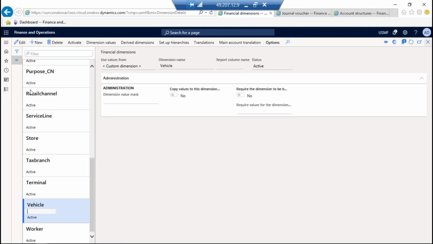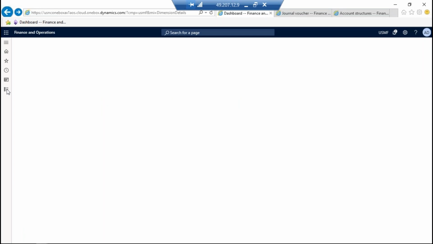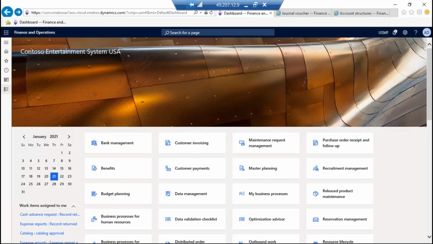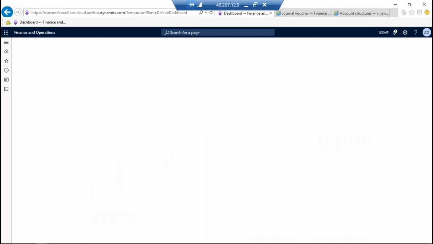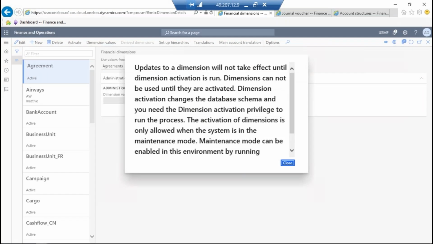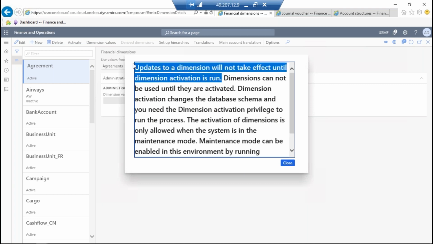If I'm clicking here, suppose I'm closing this one and opening financial dimensions. As soon as I open this, I'm getting some warning, some information: updates to dimensions will not take effect until dimension activation is run. We need to activate.